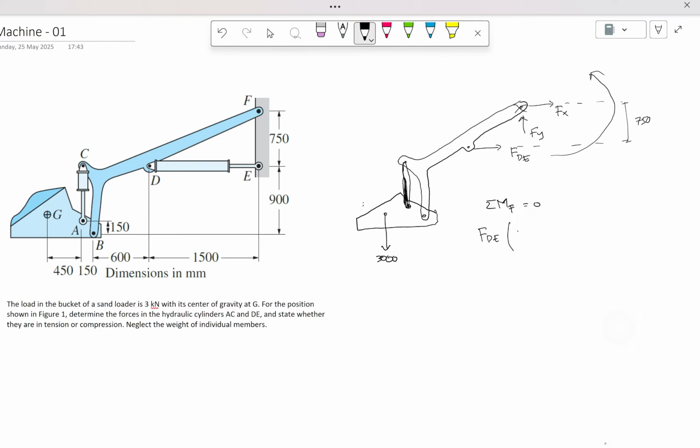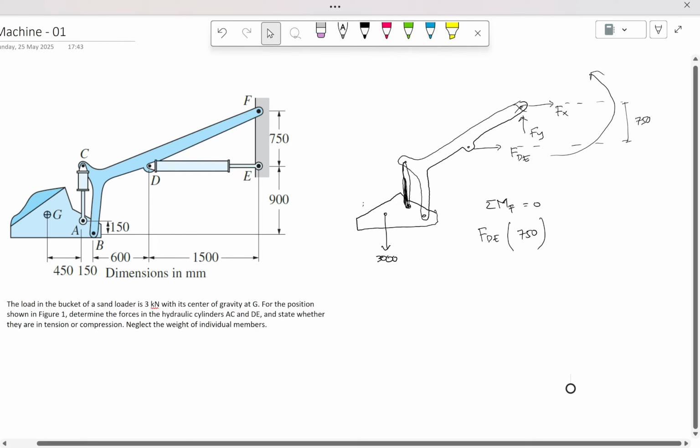Then there is also the load here. This will generate a moment too, also counterclockwise, plus 3000 times the distance. What is the distance from here to here? 1500, 600, 600, so 1200, 2700. Equals 0. It's pretty straightforward actually.